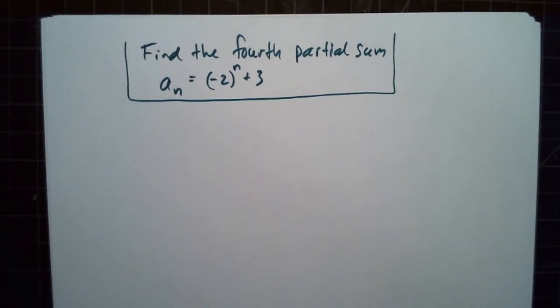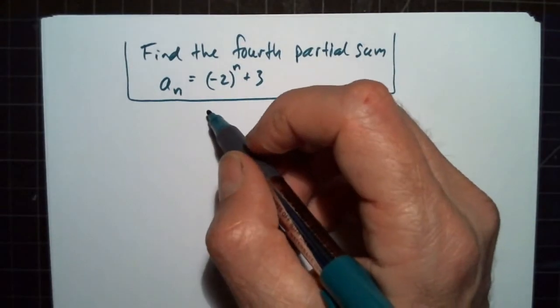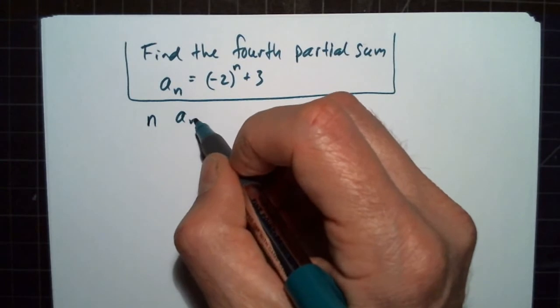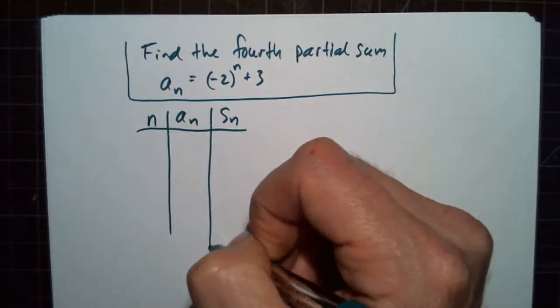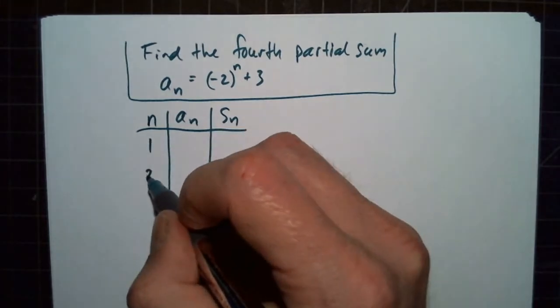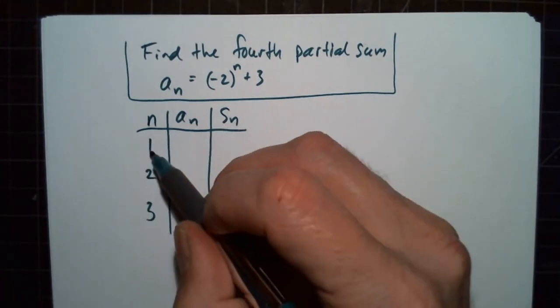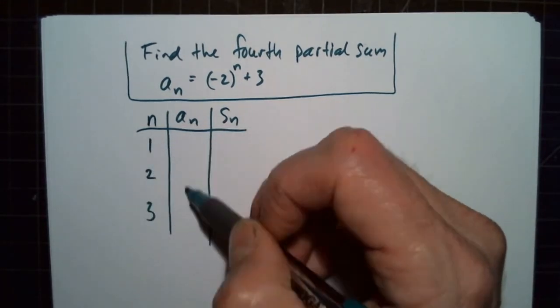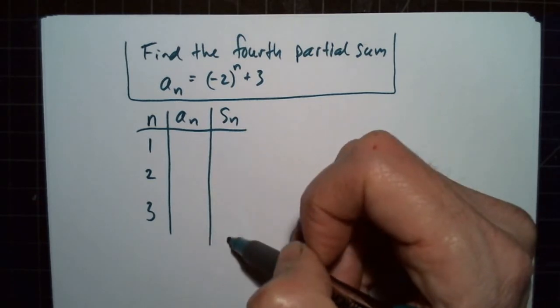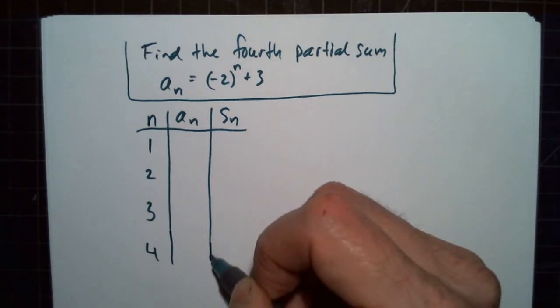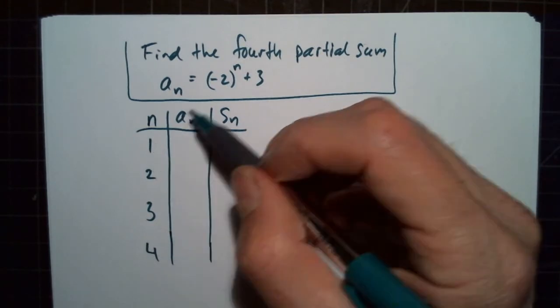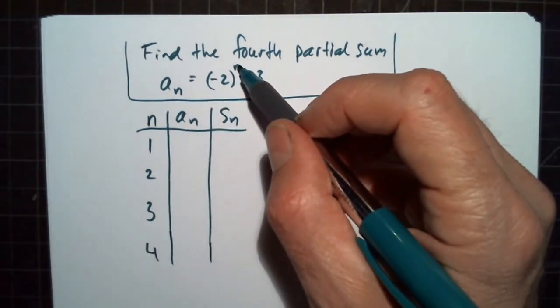So we have a sequence, and we can just do this with a table. Let's find the sequence values, and then we'll just add them, and we'll find the partial sums. We want the fourth partial sum. So when n is 1, we'll have negative 2 to the 1.